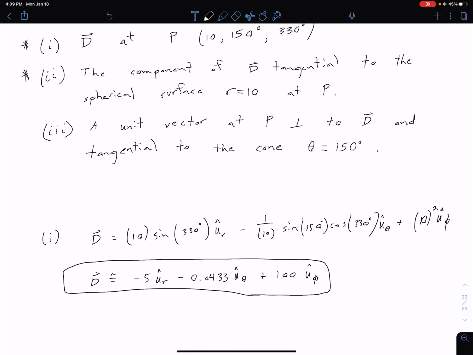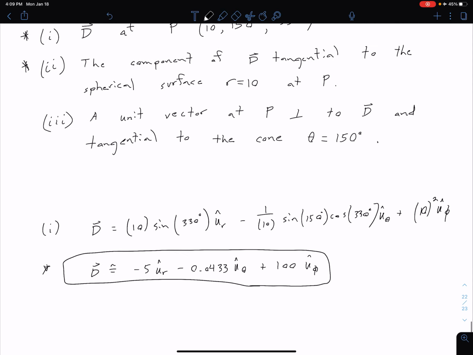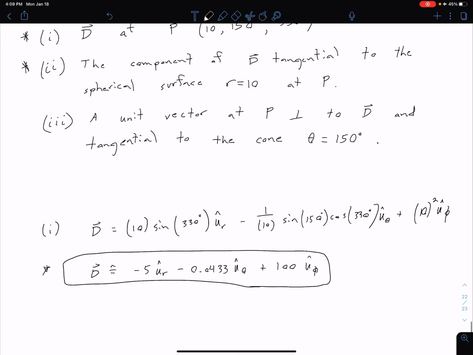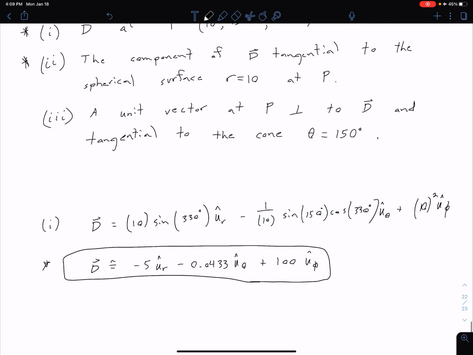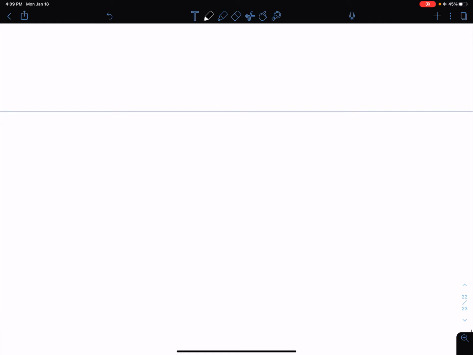So we want a component of D tangential to the spherical surface r equals 10 at point P. So we're going to be using this answer from part 1 here, and we're saying when that D is evaluated at point P, we want the part of that that's tangential to a spherical surface. Okay, well, let's take a step back and talk about how we can decompose vectors.